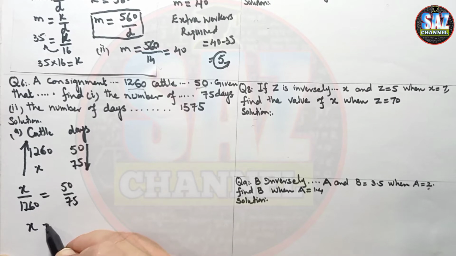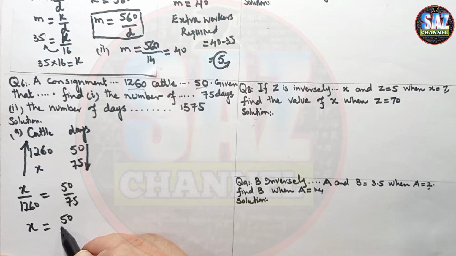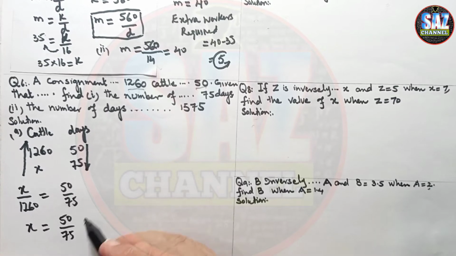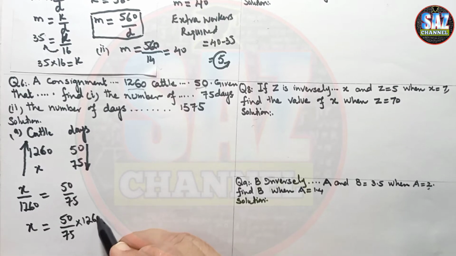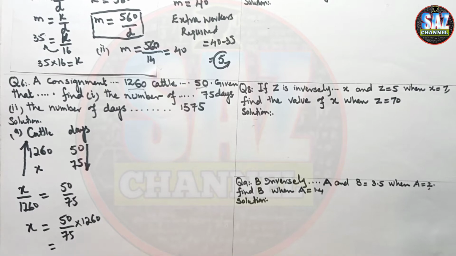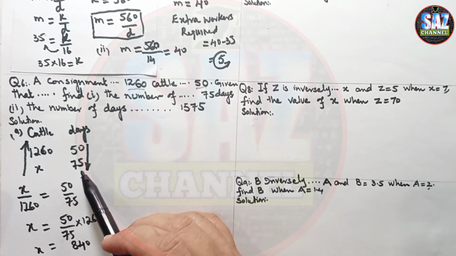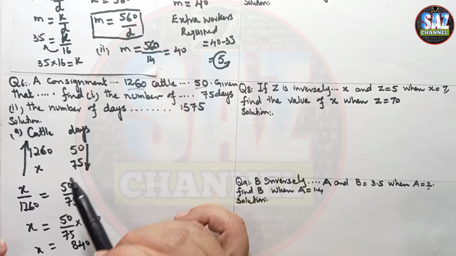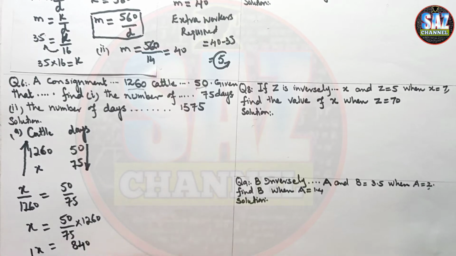Bring 1260 to the other side: 50 upon 75 multiplied by 1260, and this gives 50 multiplied by 1260 divided by 75, which is 840. So if we use the same fodder for 75 days, the cattle has to be 840. I hope you are clear about this situation.